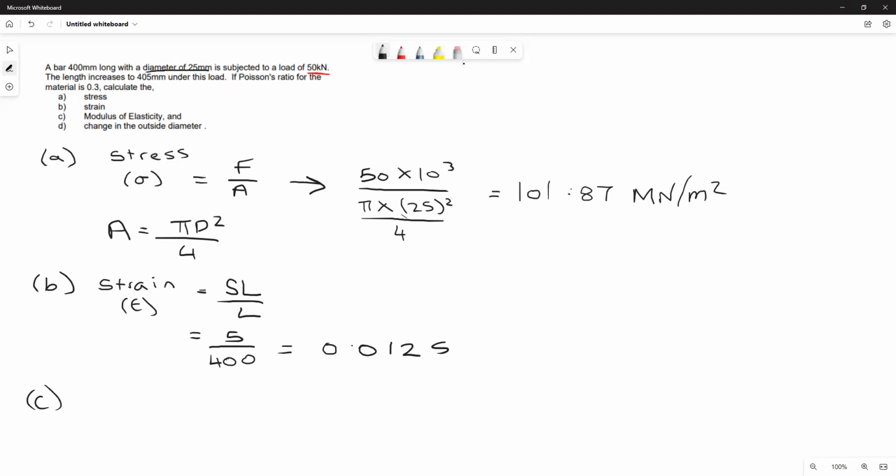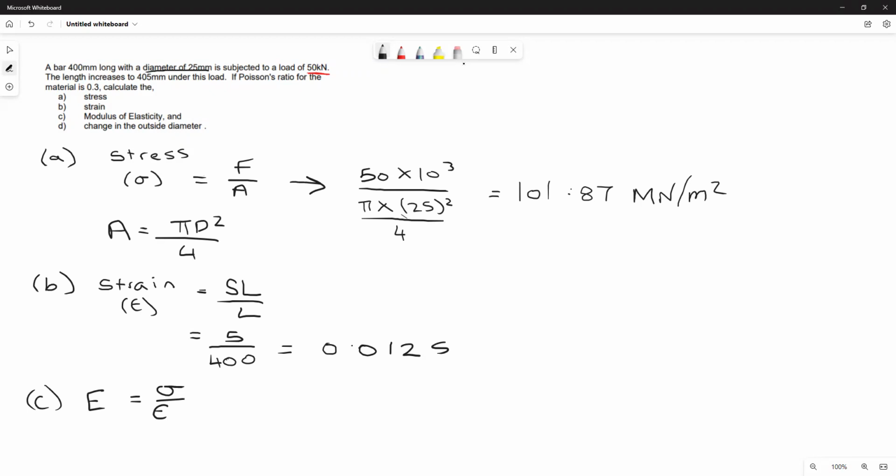And to calculate the modulus of elasticity, or Young modulus as known in brief, you simply use this formula. So Young modulus equals stress over strain. This is something that you obviously would have become familiar with in GCSE physics in relation to Hooke's law.